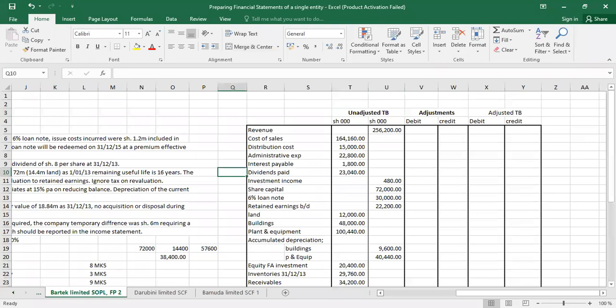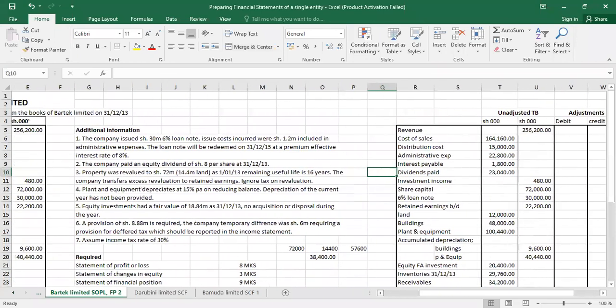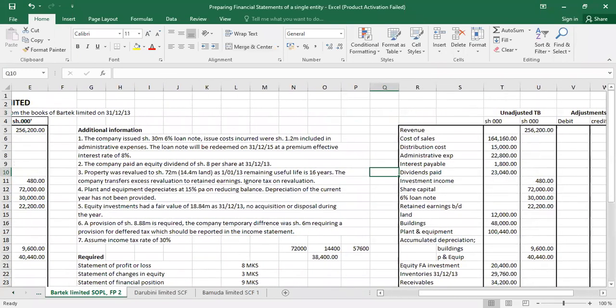So we start with the adjustments in the additional information. So additional information, number one, we've been told issue cost. The company issued shillings 30 million, 6% loan note. Issue costs incurred were shillings 1.2 million included in the administrative expenses, isn't it?